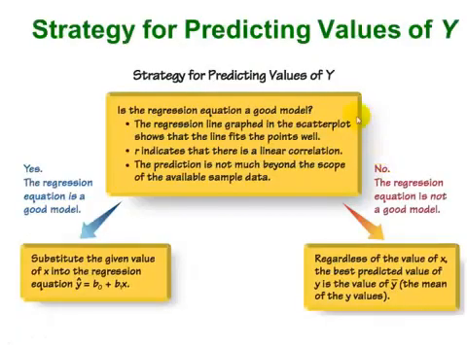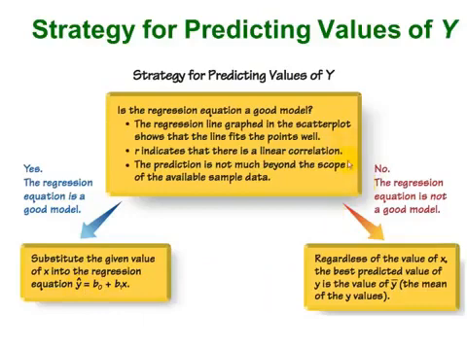So here's a little flow chart for doing this. If we want to predict values of y, first we have to look at whether the regression equation is a good model. So here are the three questions that we have to answer. If the answer to all three of these is yes, then the regression equation is a good model, and all we do is substitute our value of x into our regression equation, and that gives us our value for y hat, our predicted value.